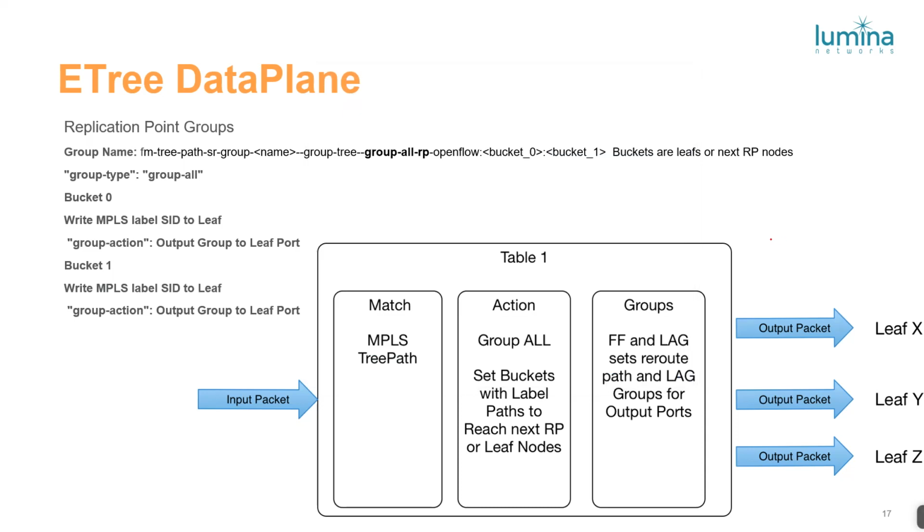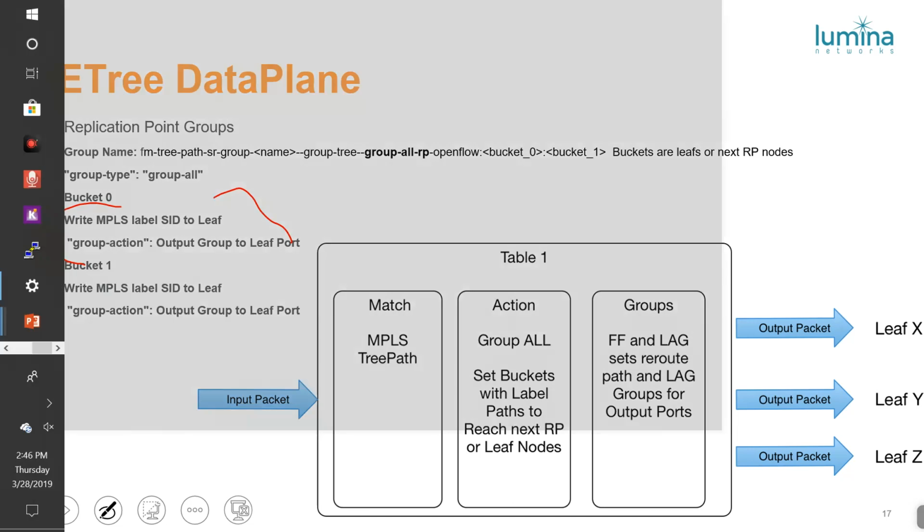So we just continue with the previous slide again. You will have multiple buckets in the all group, and what you would do is write the segment ID of the egress node and put it onto the respective port. Each bucket puts the MPLS label segment ID and forwards it to the next node in the network.